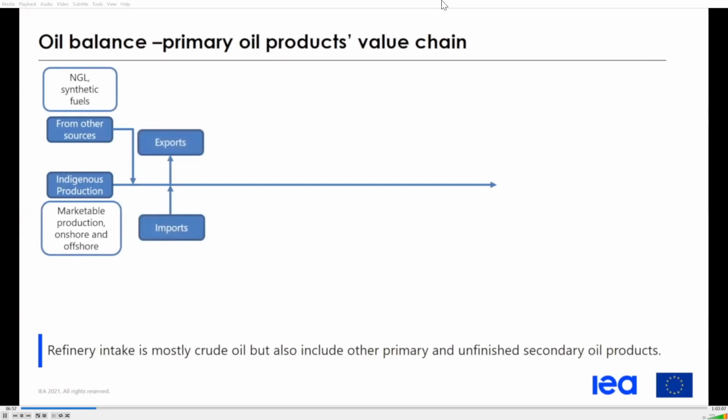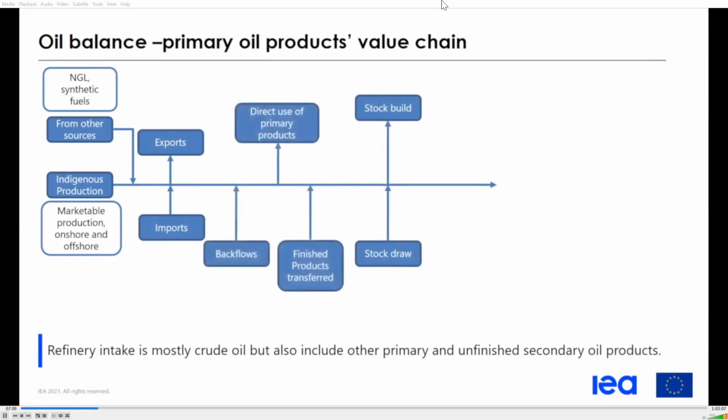Then we can have also some stocks, some crude oil that has been kept waiting for its demand to be used in the refinery. And then we have other flows of consumption and supply, such as the direct use of primary products. Crude oil can sometimes be used, for example, to generate electricity.